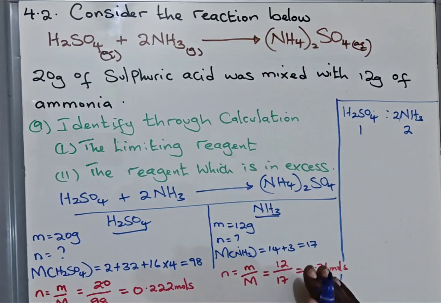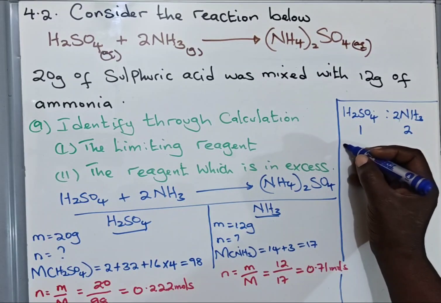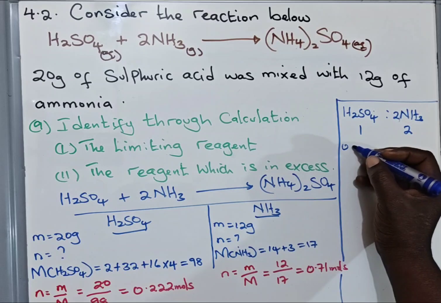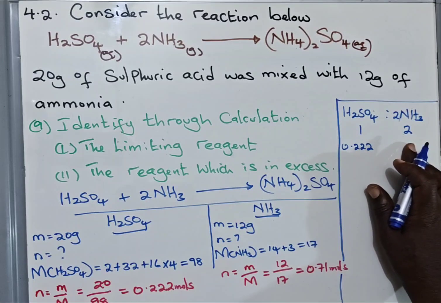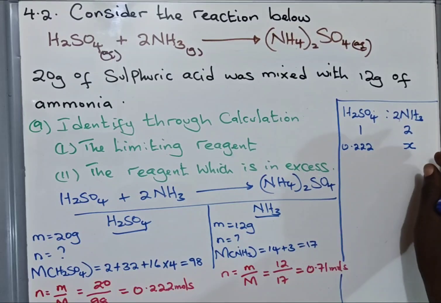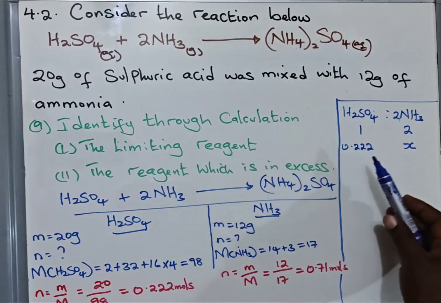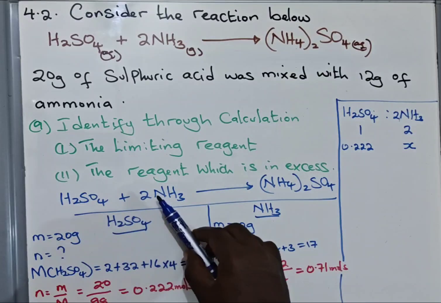Then let's quote this one. If we quote sulfuric acid, the number of moles which are reacting is 0.222. Then on the assumption that we don't know this one, you can call it x. From there, you find x. Now you have to know what we are doing here. The ratios are what we get from the equation.